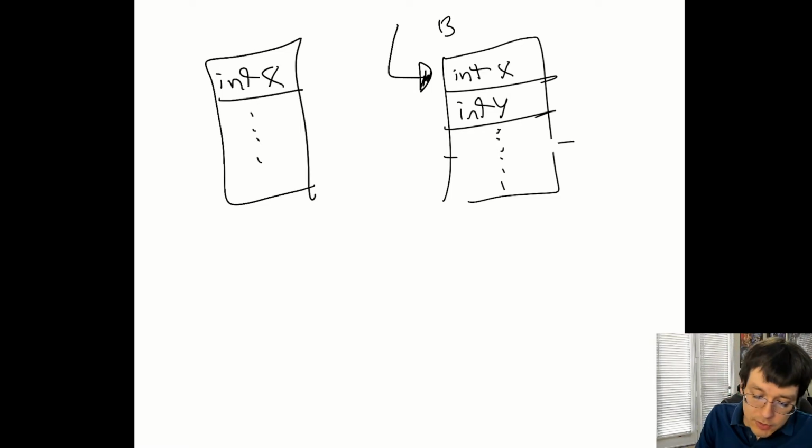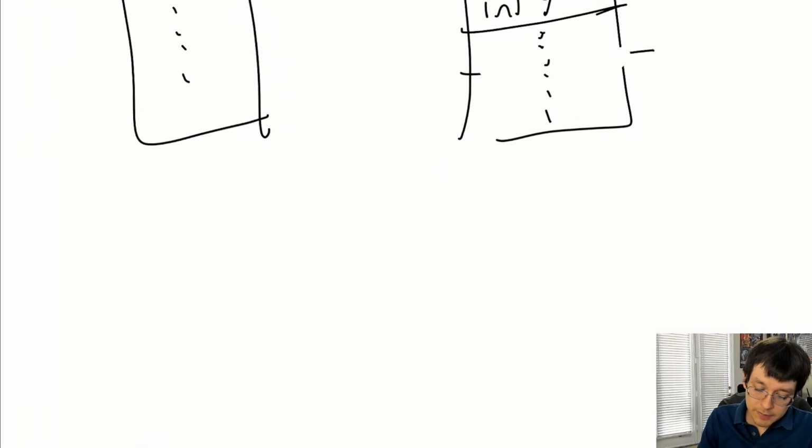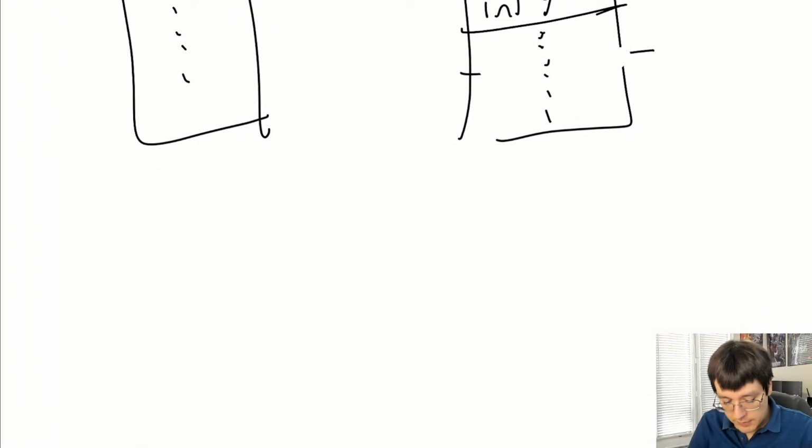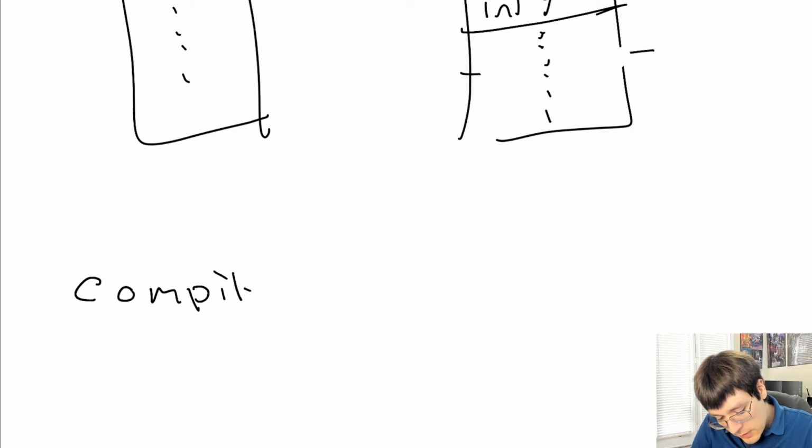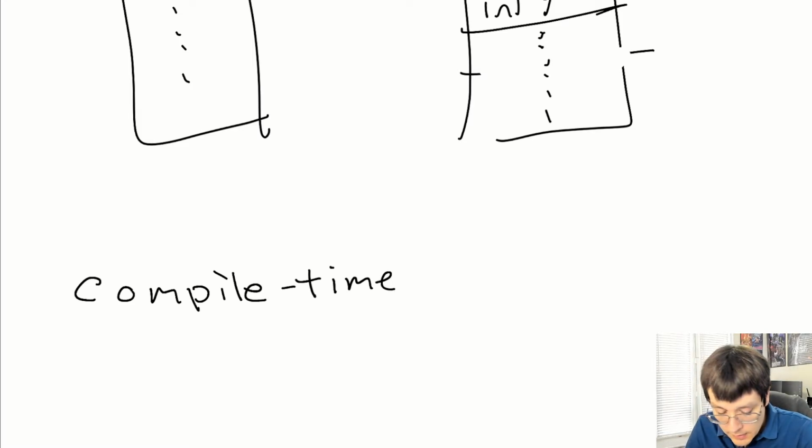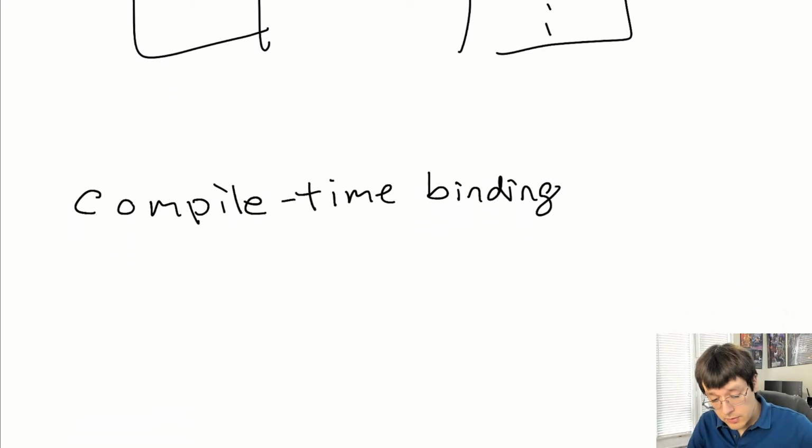For that, I need to explain what the difference is between compile time binding and runtime binding, okay? This is really important that you understand, and this is by no means the last time that you will see this. You will see this in pretty much a bunch of courses if you're taking CS courses at UNLV.